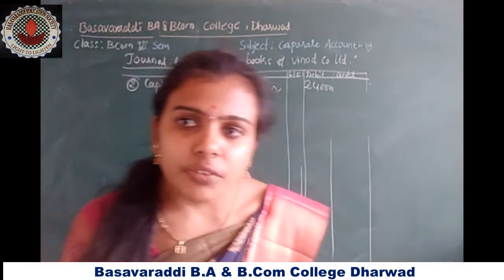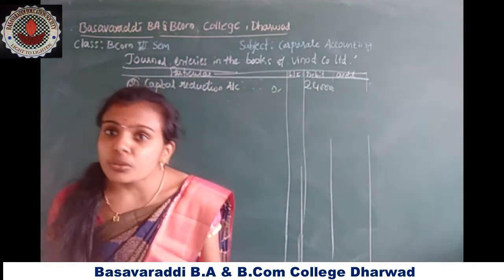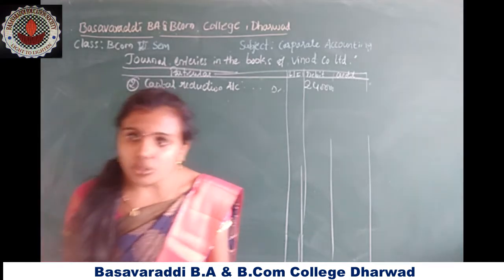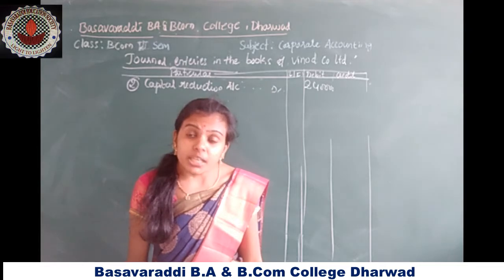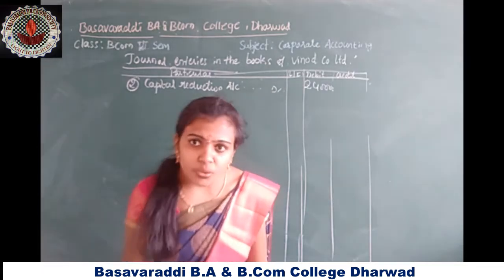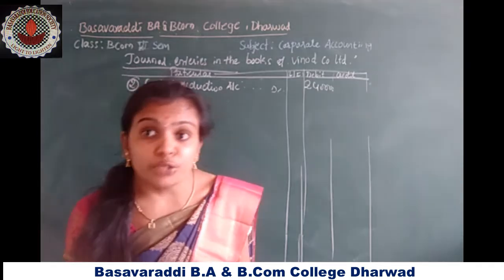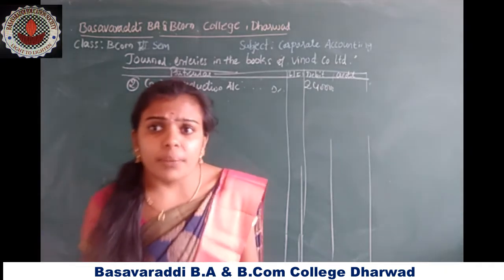Now we have to transfer the patents account. Preliminary expenses, discount on issue of shares, discount on issue of debentures, profit and loss account, goodwill account, formation expenses, preliminary expenses: even if no information is given in the adjustments, if they are given in the balance sheet, we must compulsorily consider them.